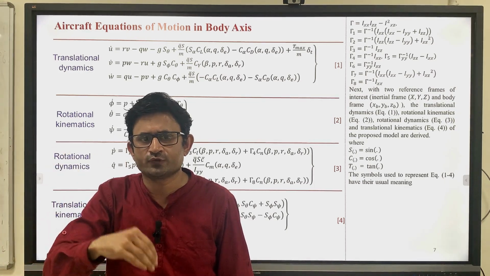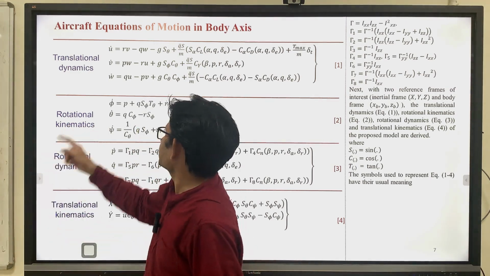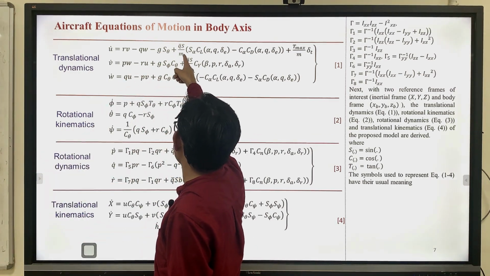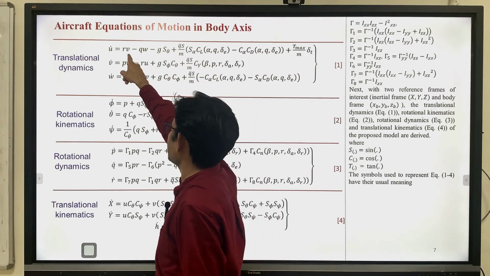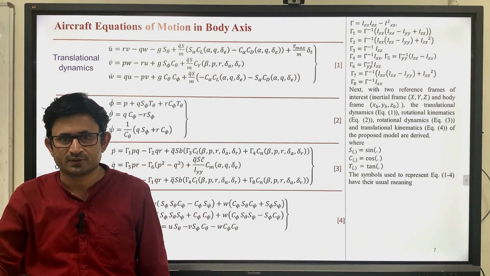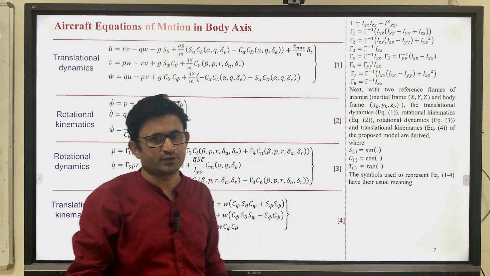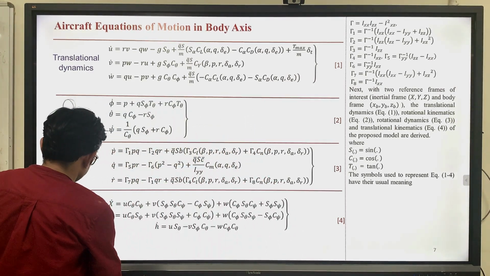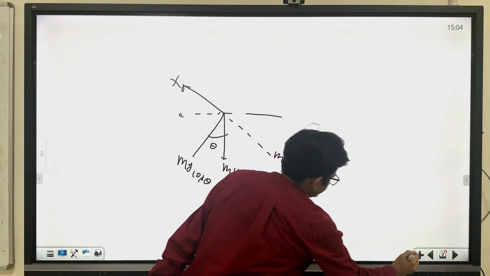If you divide by m, you will get u dot equal to Fx by m. This is mg, m will get cancelled. Everything you will get. But how does this Rv minus Qw gentleman come? So we have to understand this part. This is a very tricky part. Please pay attention here. This will be helpful in the moment case also.